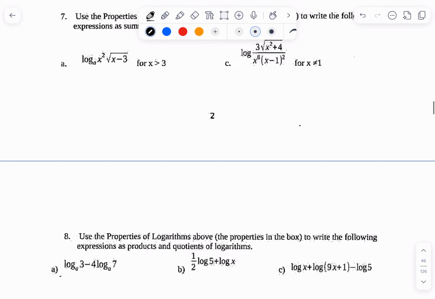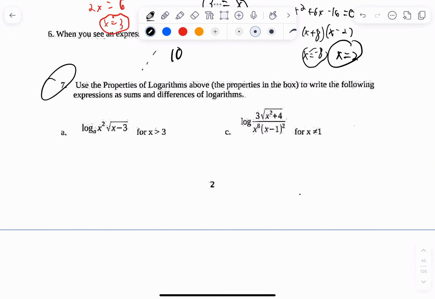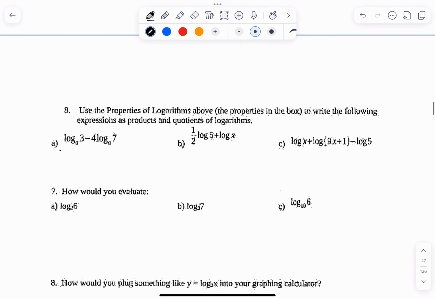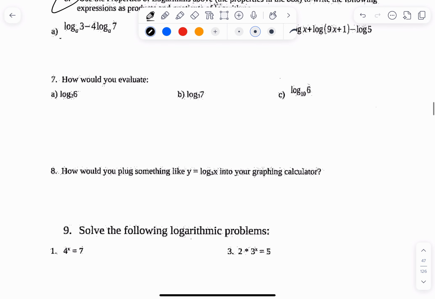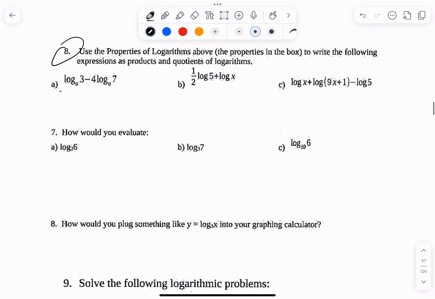I will come back to number 7 in the next video, because we have to learn the properties of logarithms first. So I'll go back to those in the next video when I learn how to do them.